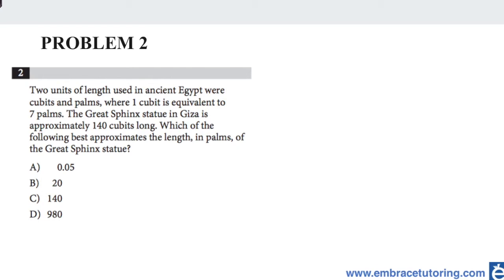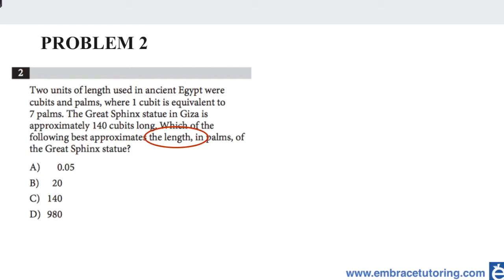Okay, here we have problem number 2. It says two units of length used in ancient Egypt were cubits and palms, where 1 cubit is equivalent to 7 palms. The Great Sphinx statue in Giza is approximately 140 cubits long. Which of the following best approximates the length in palms of the Great Sphinx statue?